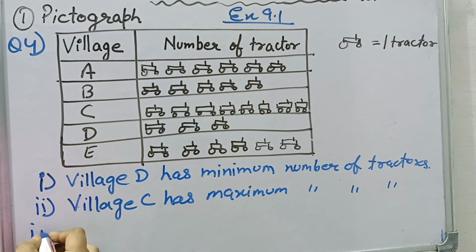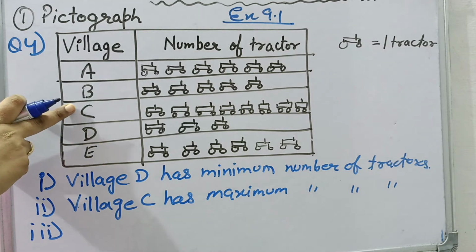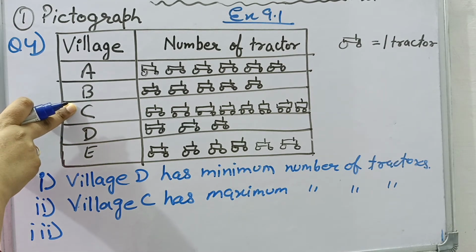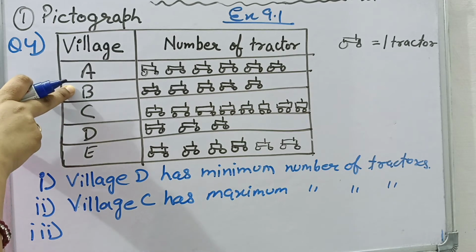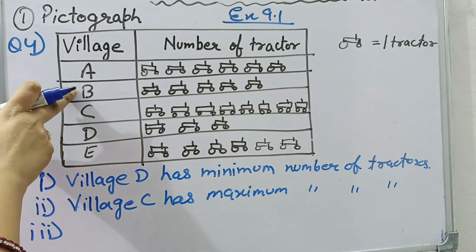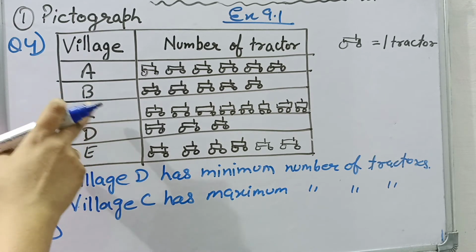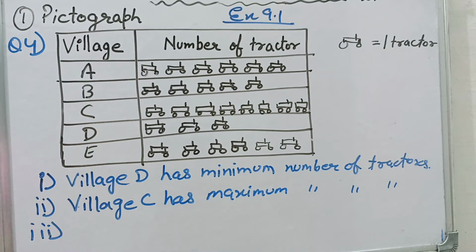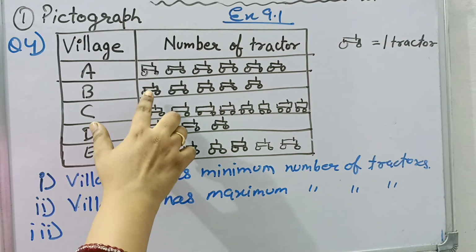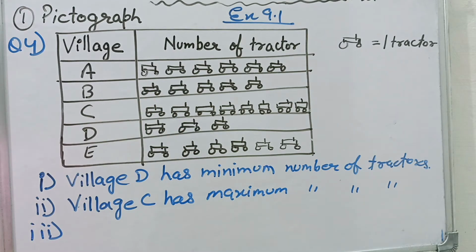Now come to the next question. How many more tractors does village C have as compared to village B? So we have to tell the number of tractors which are more in village C. Let's see. In village B, there are only 1, 2, 3, 4, 5 tractors.